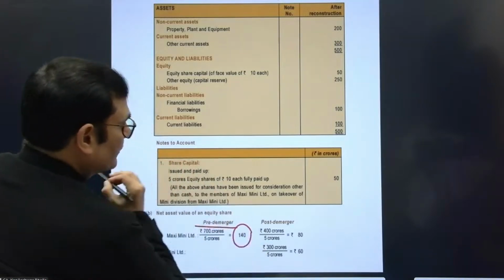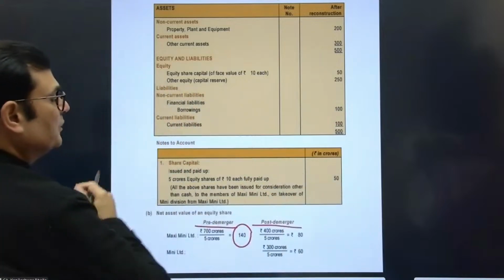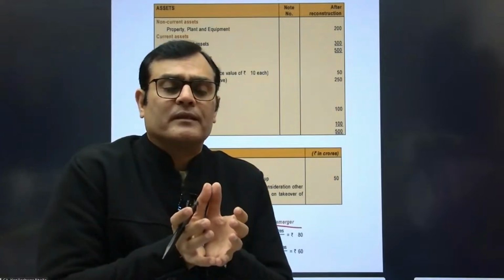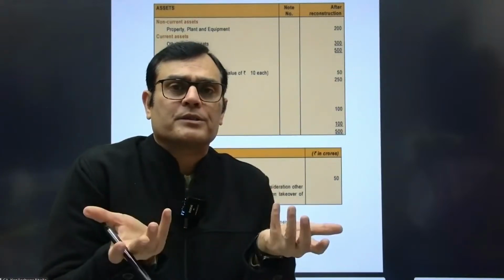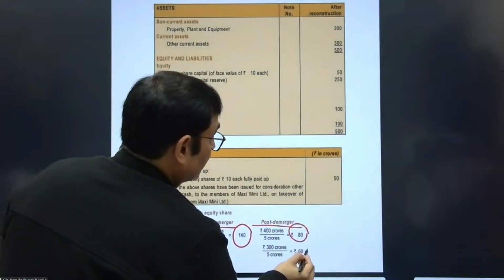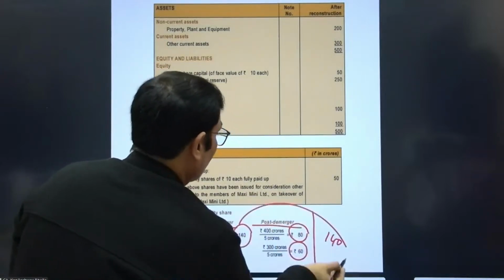The intrinsic value is 140. If you look at the calculations post-demerger, you have basically split the company into two parts. So you get the value of 80 and the post-demerger value of 60. That still makes it 140. Wow.